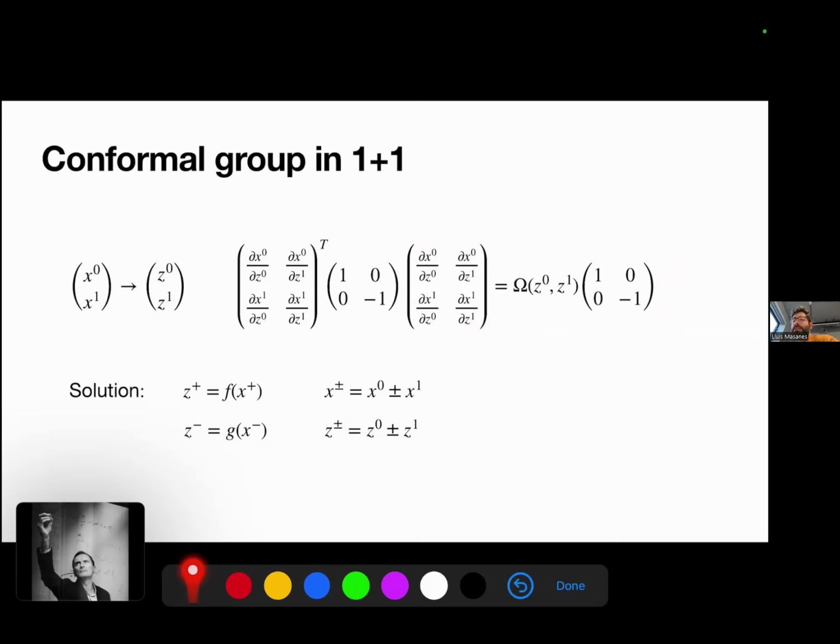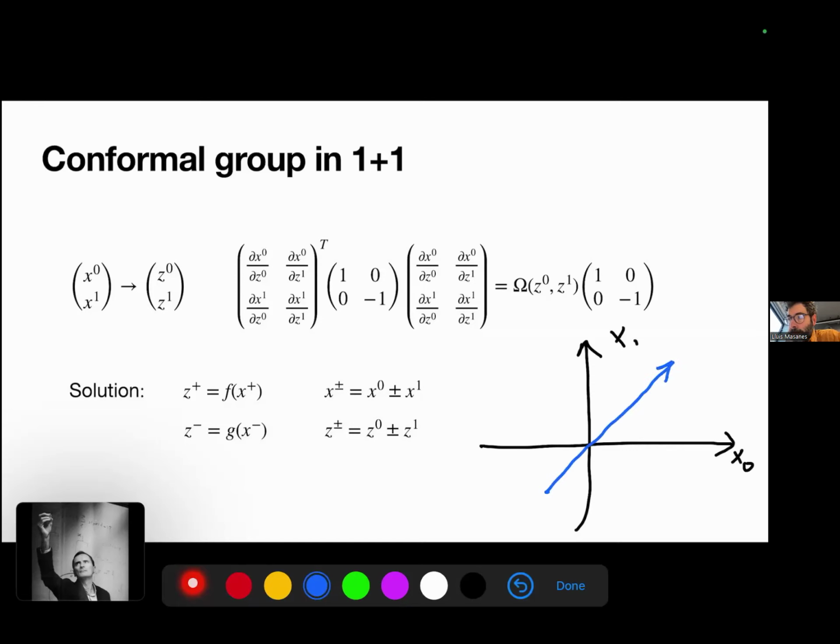Now, this is not a very difficult problem, and if you solve it, the solution is very simple. To express the solution, I need to define the light coordinates, okay? So these are the standard coordinates, and these are the light coordinates. Once we express everything in the light coordinates, so for the initial point and the final point, instead of 0, 1, I define the plus and minus coordinates, okay?